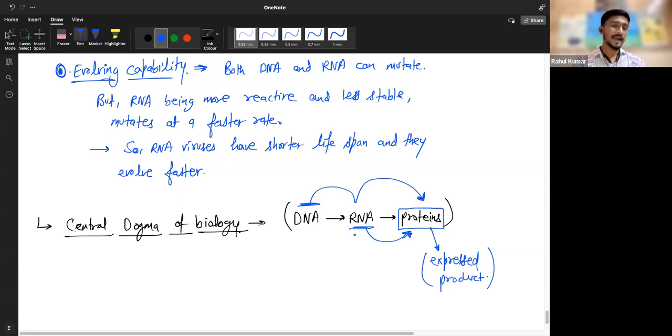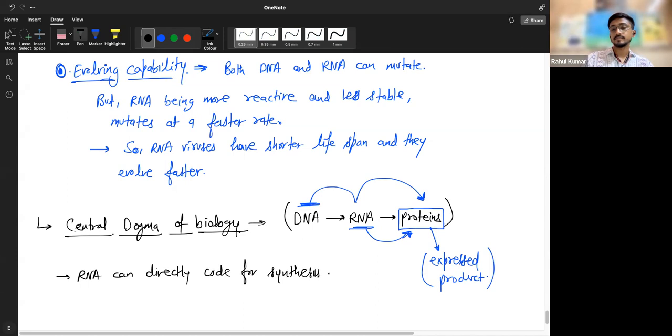So write down. RNA can directly code for synthesis of proteins, whereas DNA has to depend on RNA to synthesize proteins.